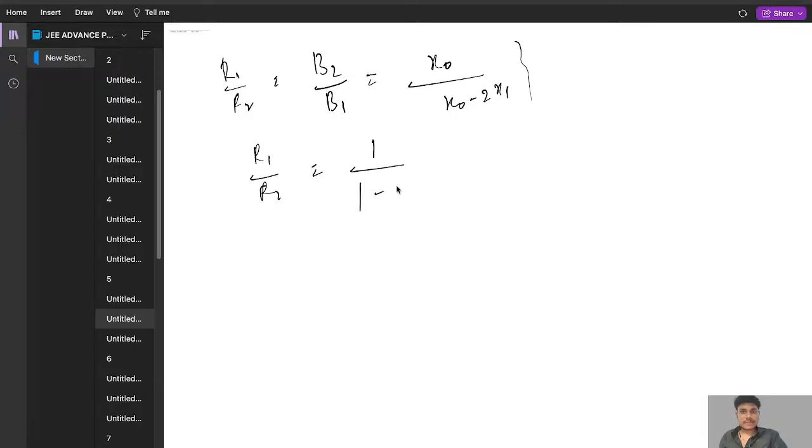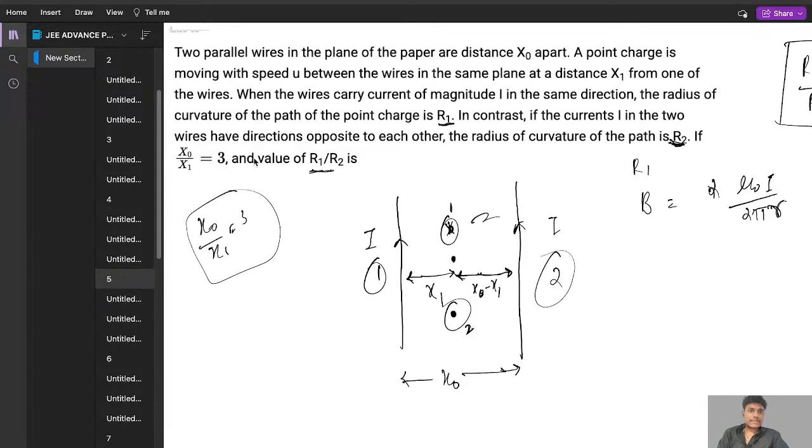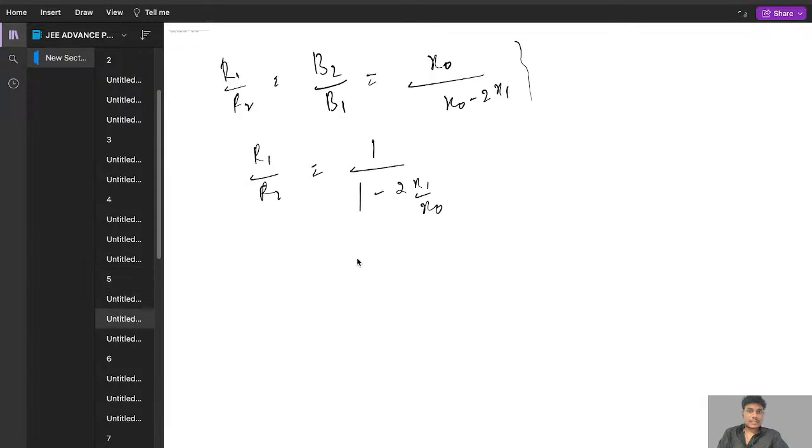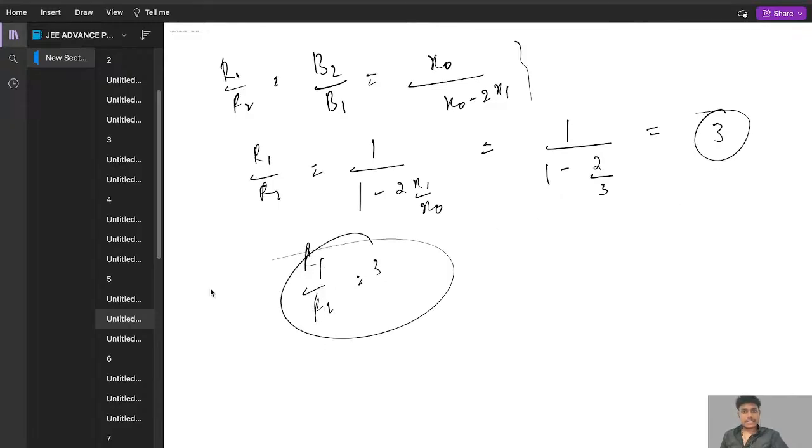You can divide minus 2x1 by x naught. x naught by x1 is equal to 3, and this gives 1 upon 1 minus 2 by 3, which you calculate. I think 3, right? So the answer here, R1 by R2, is equal to 3, right?